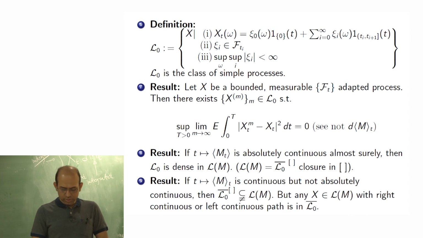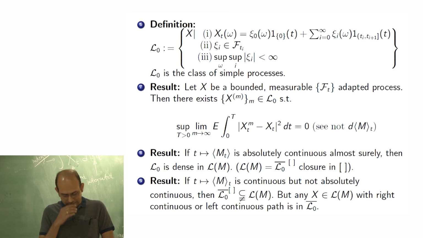Now, on the other side, if the map t to M_t need not be absolutely continuous but is just continuous, then what can we say at best? Then the closure of L0 in this norm may not be equal, but it is of course a subspace of L(m).